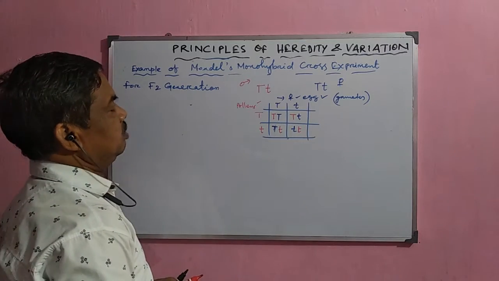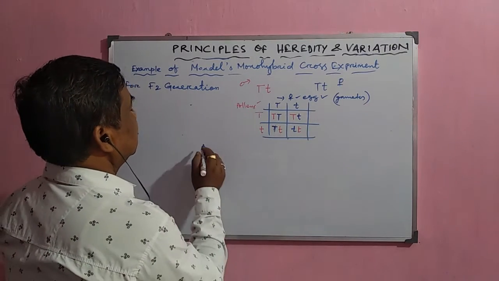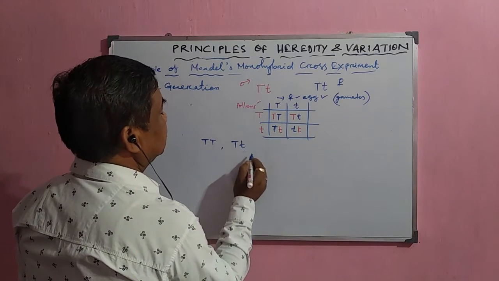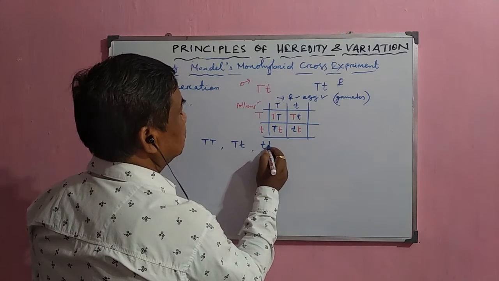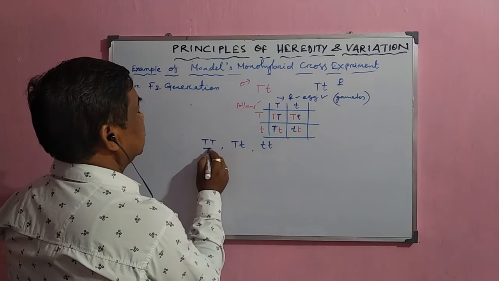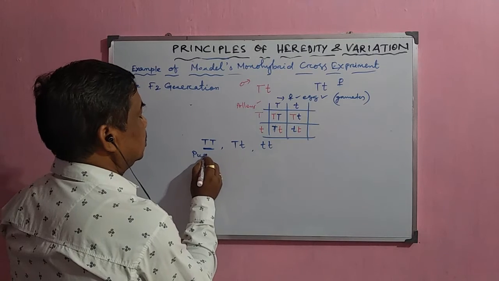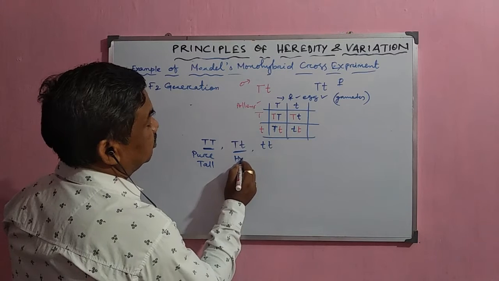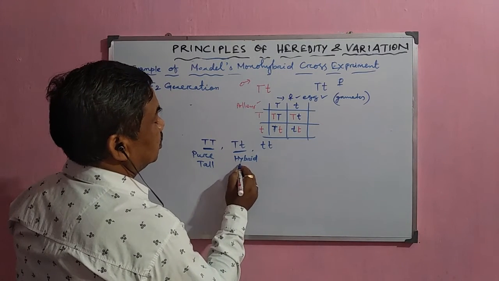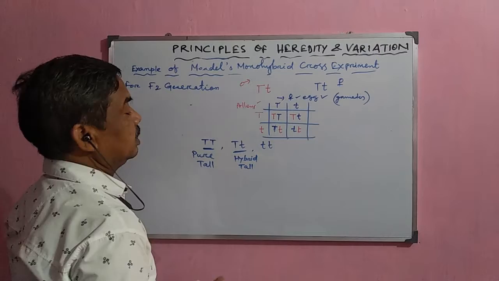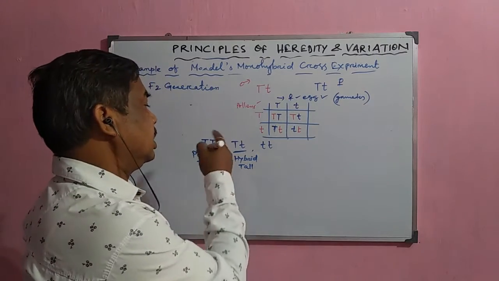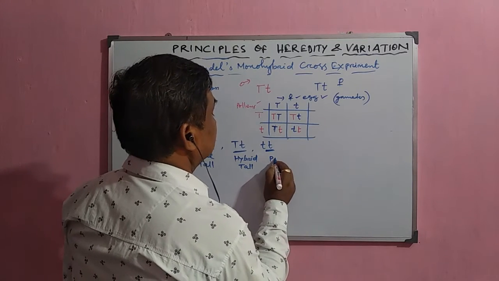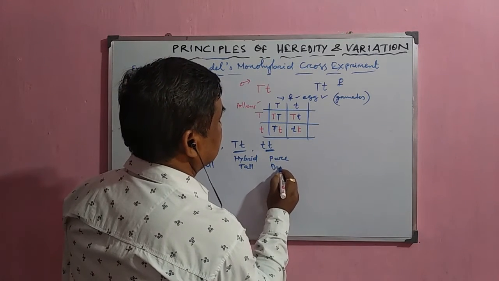Now out of these 4 combinations, look at here: the capital T capital T type, capital T small t type, and small t small t type. These are the pure tall varieties, and these are the hybrid tall. They are also tall, but not pure tall; they are hybrid tall. But this is the pure dwarf variety.